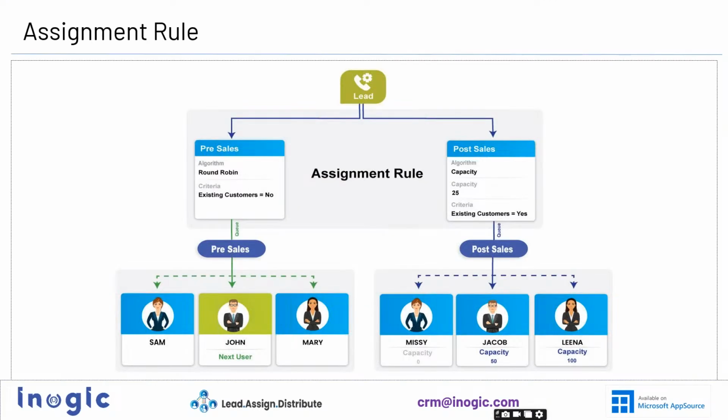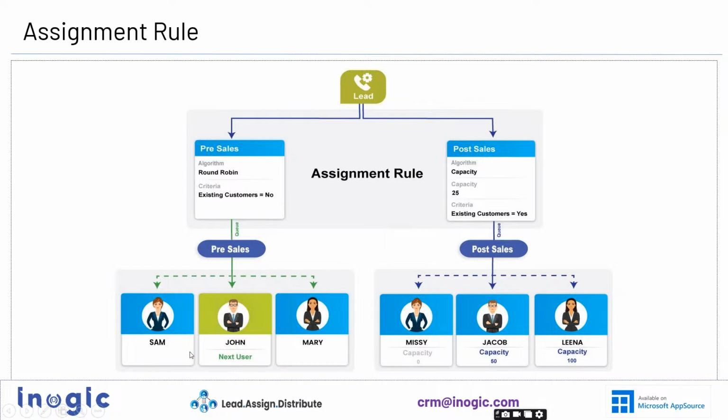Now, I will switch back to my presentation to provide you with some more clarity. In this example, we have three resources: Sam, John, and Mary. Let's say Sam has already been assigned 10 lead records in his name. Then he will not be considered for any new lead that is being created.